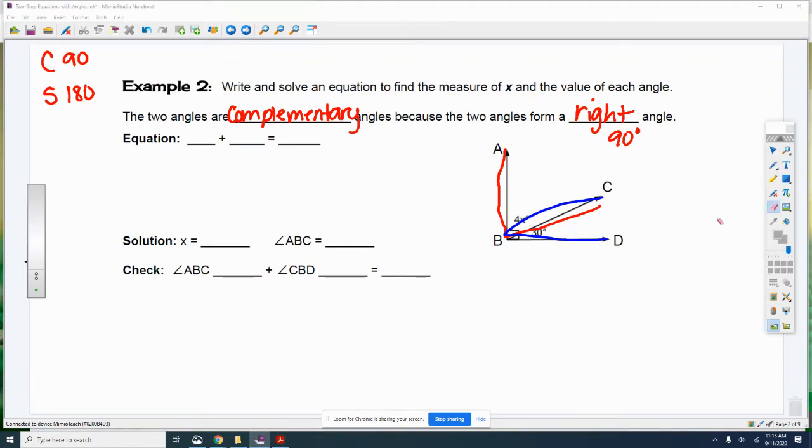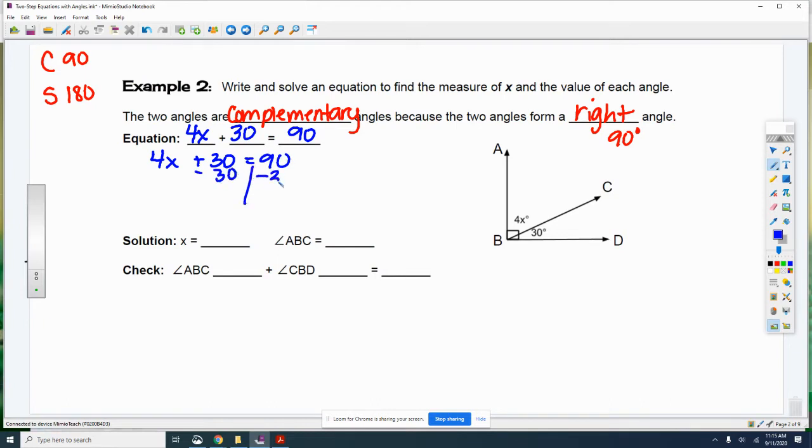So let me erase this so we can see it. So you have ABC has 4x plus my CBD, which is 30 degrees, and they have to equal 90. Well, there's really not anything to combine here, so I'm just going to do the math.